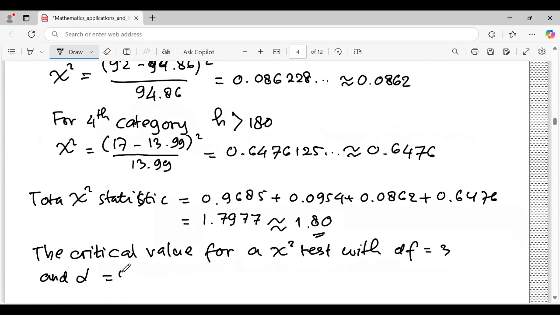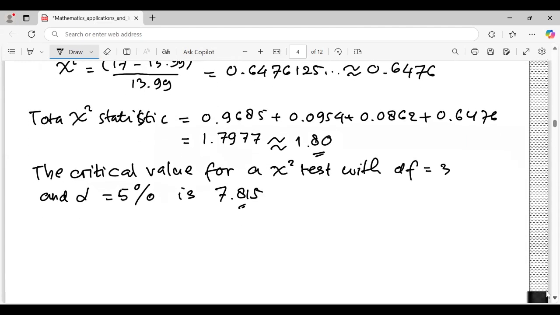The critical value is 7.815. That is the critical value.